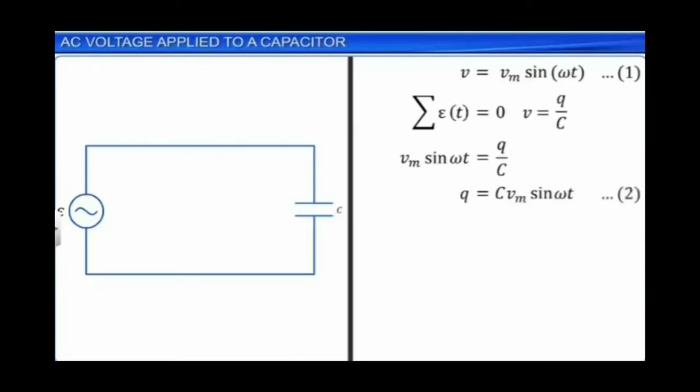Now if we know the charge, we can find the current by finding I = dq/dt. So we have I = d/dt of C Vm sin ωt.